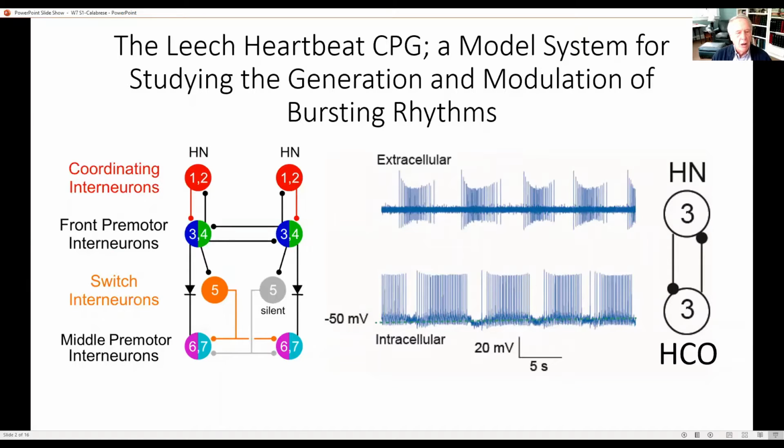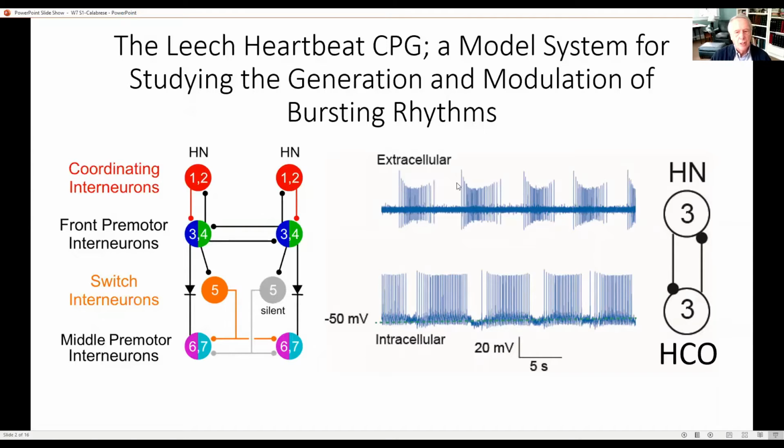Within the 3rd and 4th ganglia there are pairs of interneurons that form half-center oscillators, where there are 2 neurons that are mutually inhibitory, and these neurons produce alternating bursting activity.